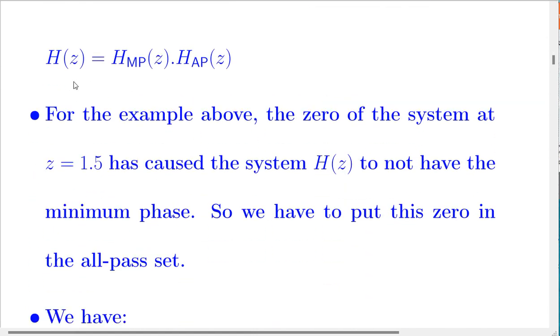Okay, so we write h of z to be equal to h minimum phase of z times h all pass of z. For the example above, the zero of the system at z equal to 1.5 has caused the system h of z to not have the minimum phase.